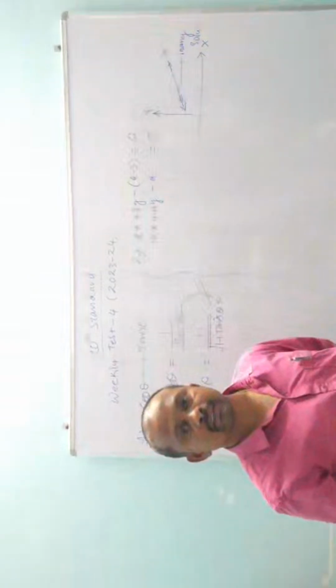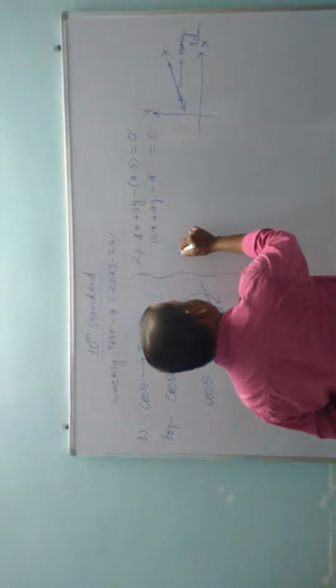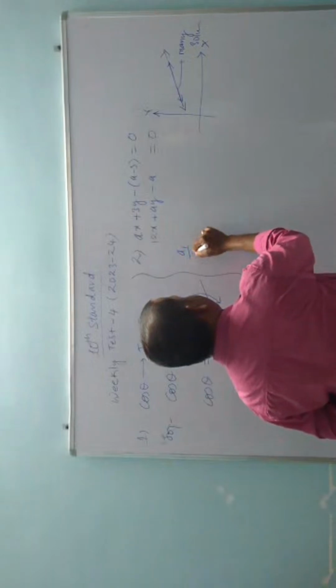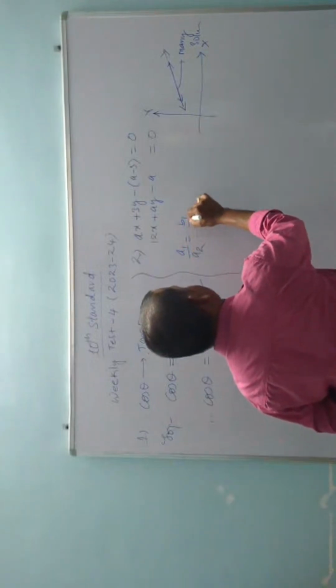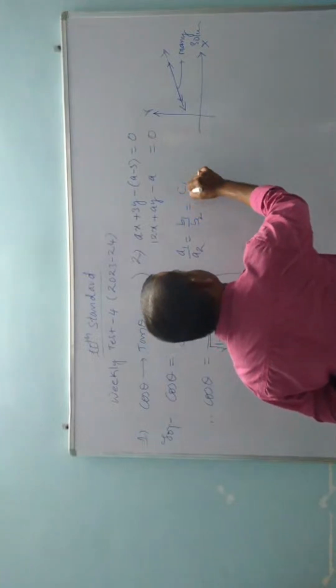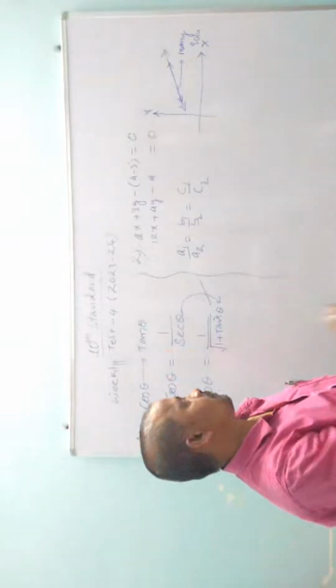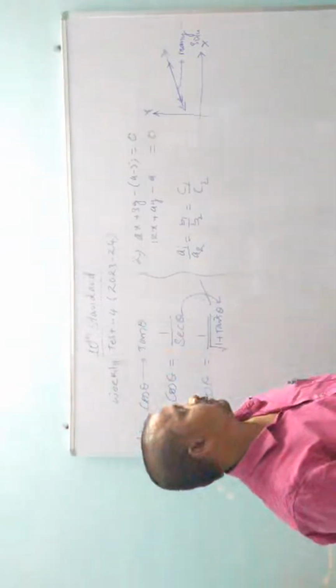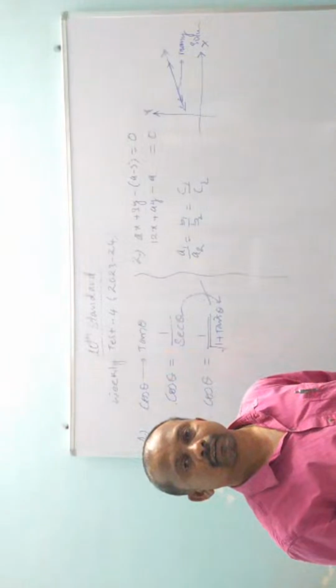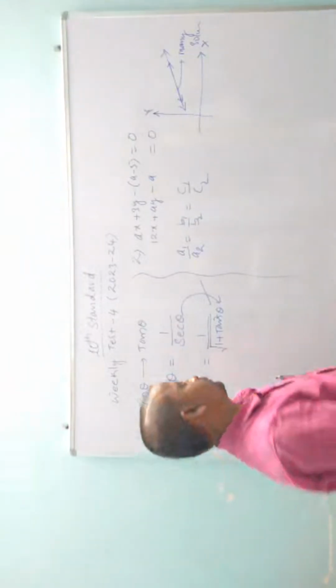So in this case, what is the algebraic expression? A1 by A2 is equal to B1 by B2 is equal to C1 by C2. This is the formula, the algebraic notation for when the linear equations have many solutions.